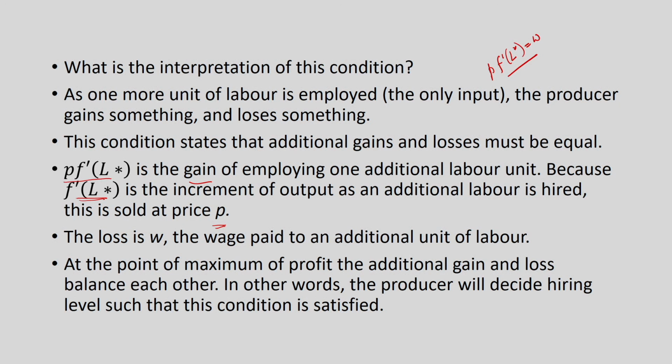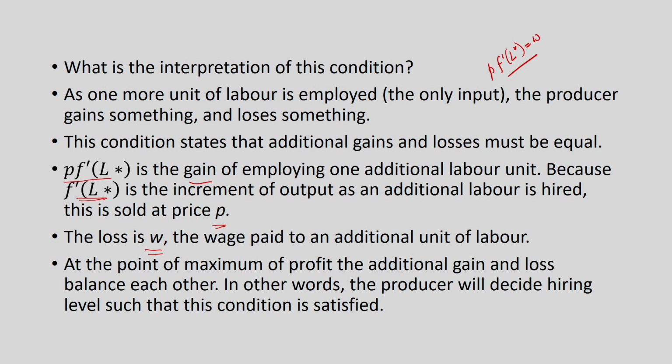So, that is why I am saying this is the additional gain. On the other hand, if one more unit of labor is employed, there is a loss, and that loss is given by W. What is this W? W is the wage paid to the additional labor unit.